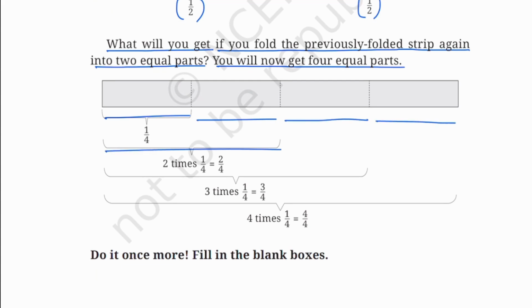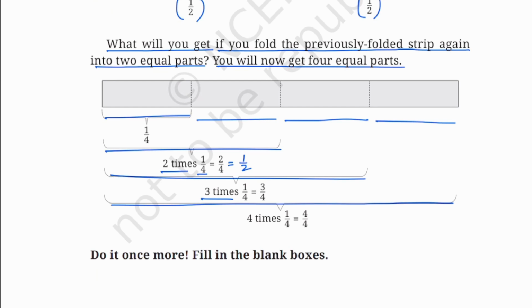This length is 2 times 1 upon 4, that is 2 upon 4, can be written as half. This length is 3 times 1 upon 4, can be written as 3 upon 4. This length is 4 times 1 upon 4, written as 4 upon 4 or 1.